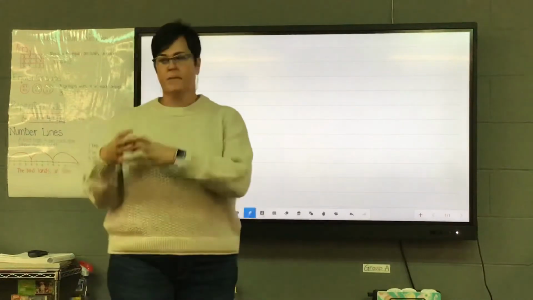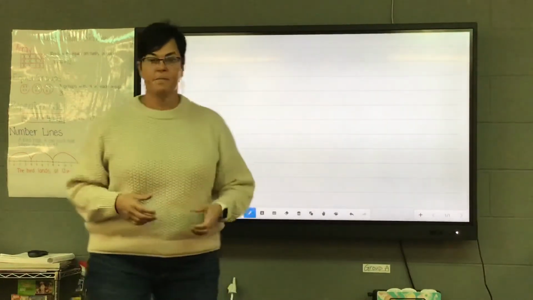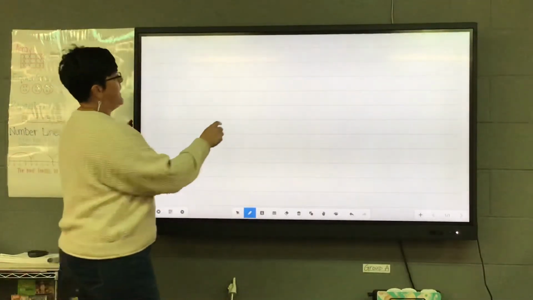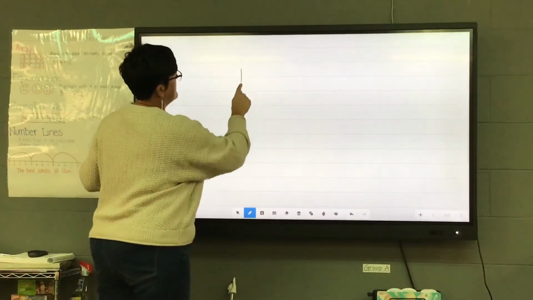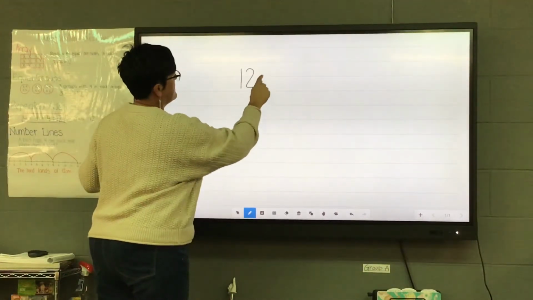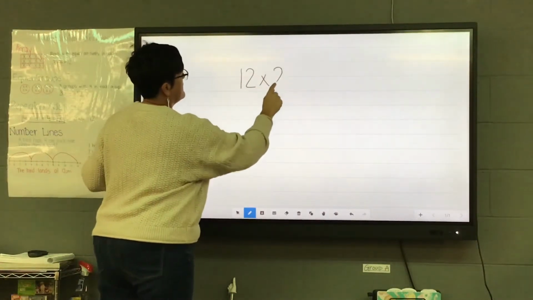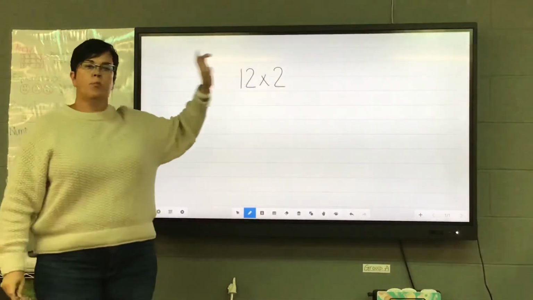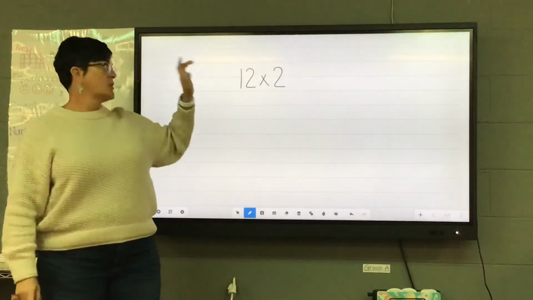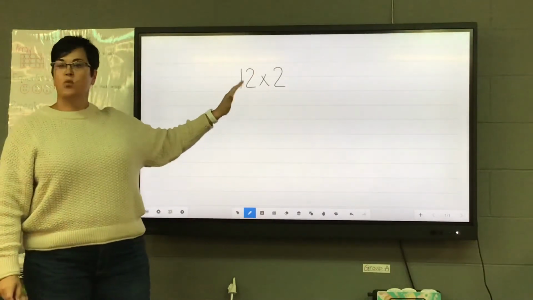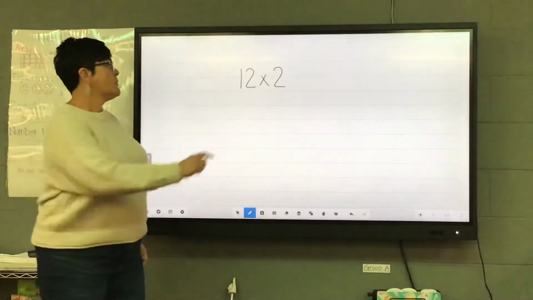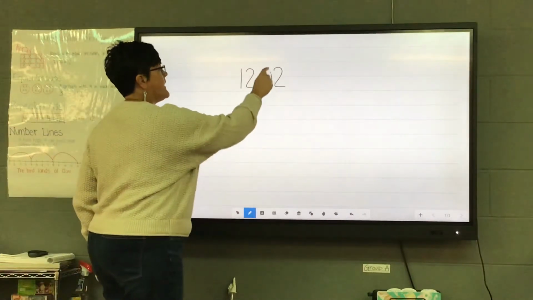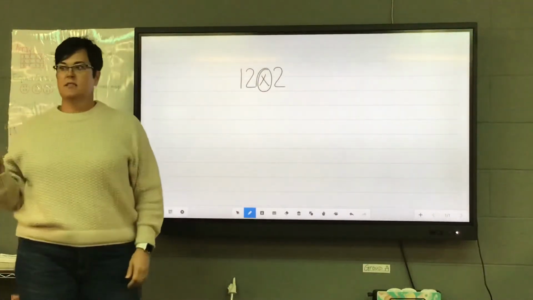Let's go back to a smaller one now, okay? Eyes looking up on the board for just a second. This says 12 times 2, but what does this part right here tell us?